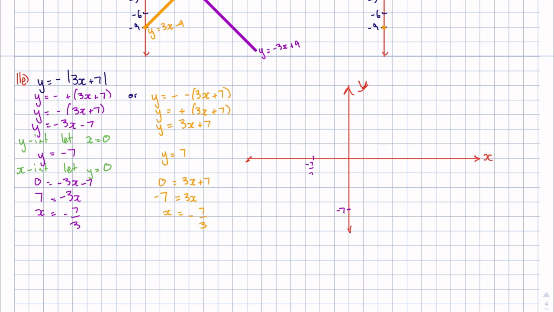Negative 7 on 3, so that's going to go up through there. Just pretend that was good. And then the orange one, it's at positive 7, still comes through the same point. Yeah, pretend that was good.